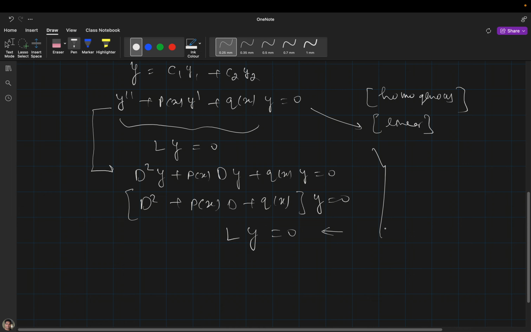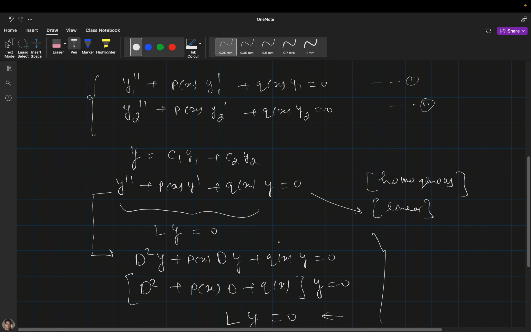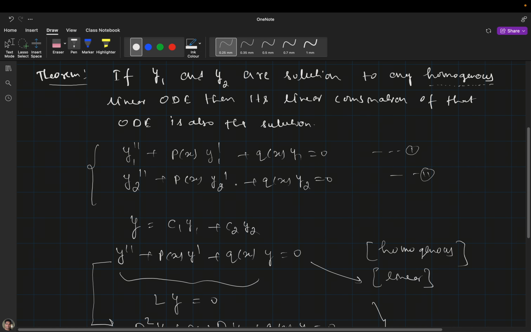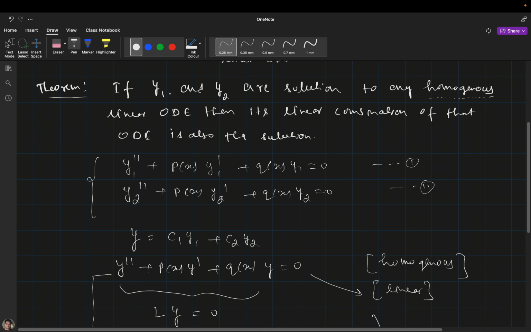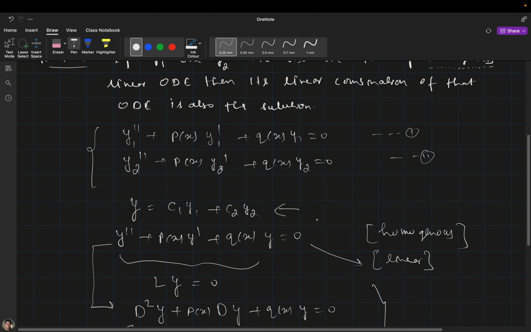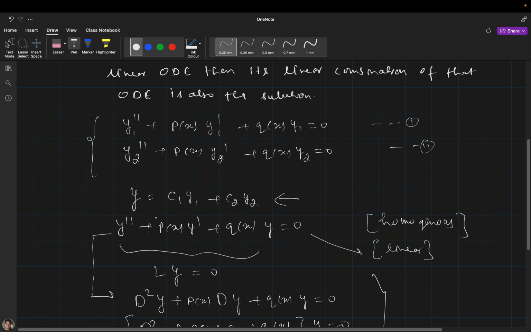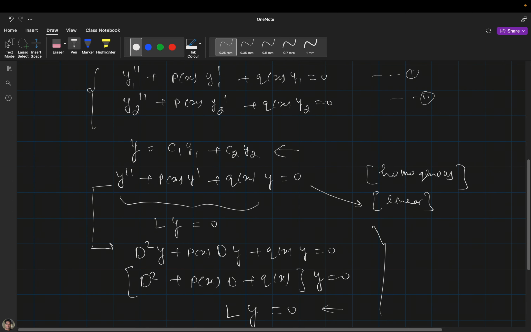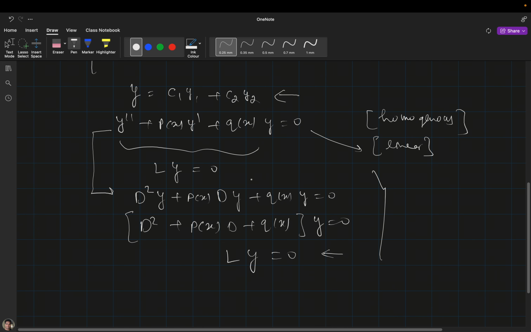But this is not our question. Now what this theorem says is that if y1 and y2 both are solutions to any homogeneous differential equation, then their linear combination, which is this, will also be a solution of this differential equation.